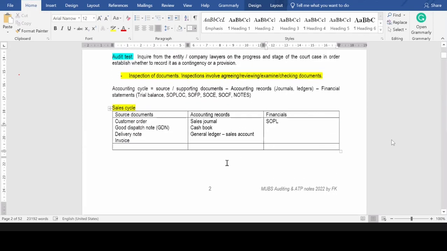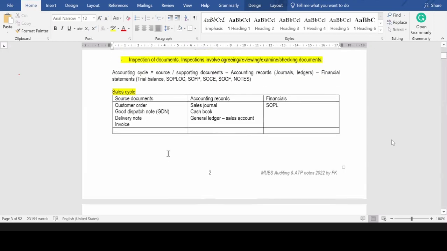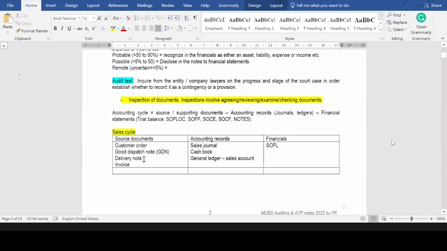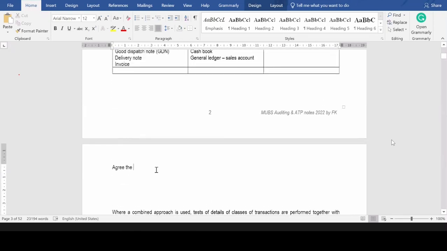That is it. Now I can develop an audit test from here. You can say agree. Remember, I'm on inspection of documents. There are many documents here. I can inspect all these documents. Agree, or I can even say match.